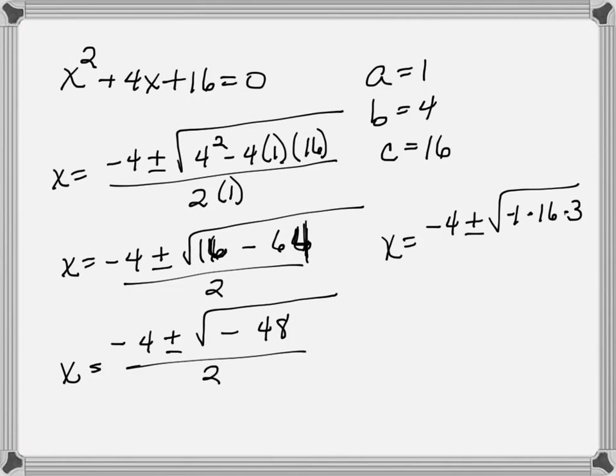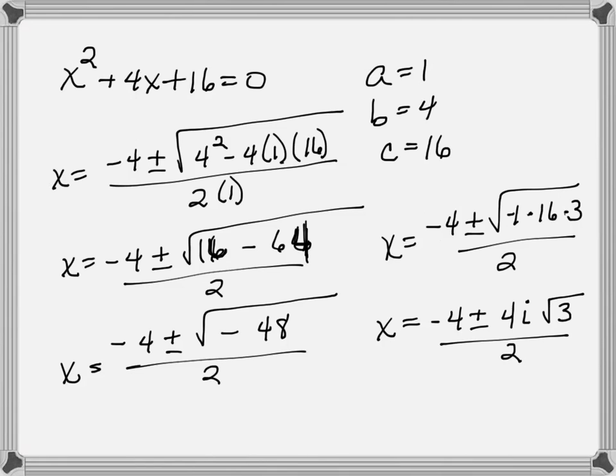That's the same as negative 48. So x equals negative 4 plus or minus the square root of 16 is 4. The square root of negative 1 is i. You're left with the square root of 3 under the radical. And all of that's over 2.